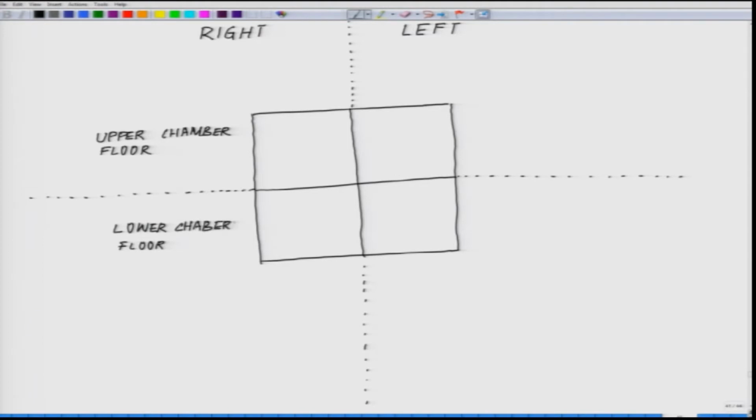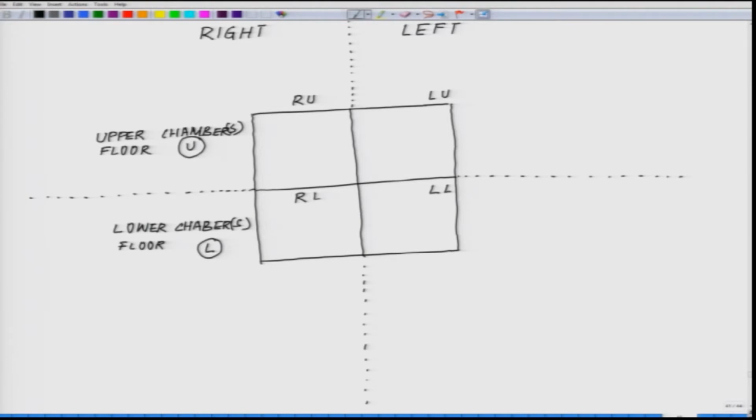So you can put nomenclature to them: this is right, this is left, this is the right upper chamber, this is the left upper chamber. U stands for upper chamber, and L stands for lower chamber: right lower chamber, left lower chamber. So now you have 4 chambers.